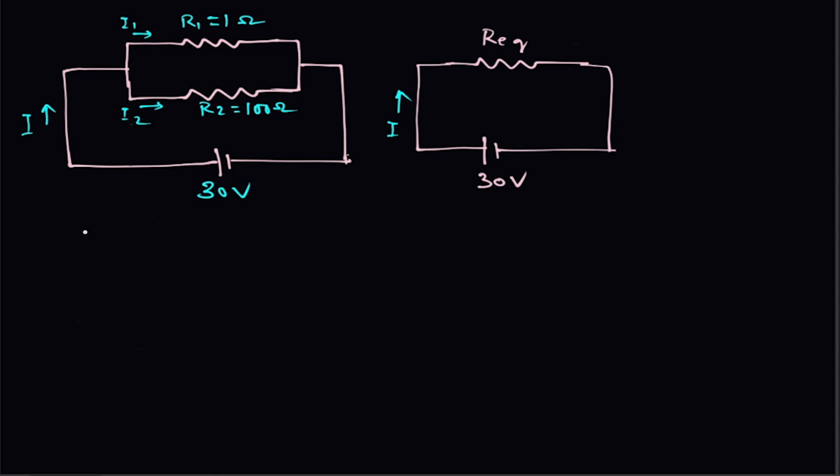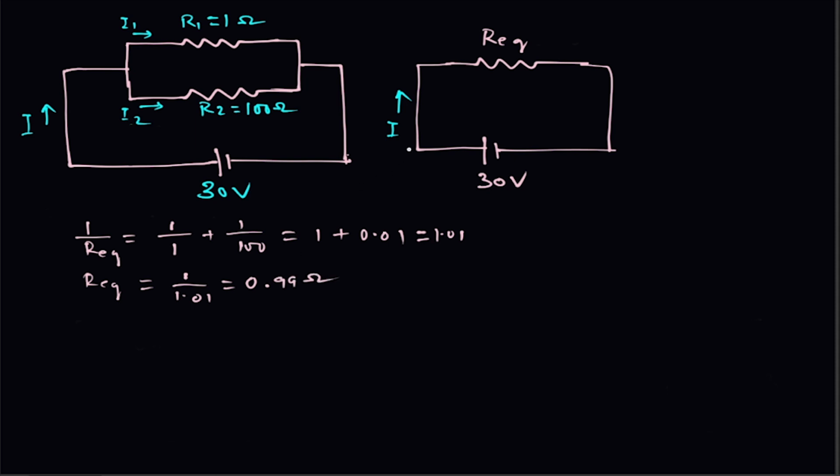You can find this equivalent from the formula that we know: 1 divided by Req is equal to 1 divided by R1 plus 1 divided by R2. R2 is 100 ohm. So we will get 1 plus 0.01. So Req is equal to, this is 1.01, and Req is equal to 1 divided by 1.01, that is coming around 0.99 ohm.